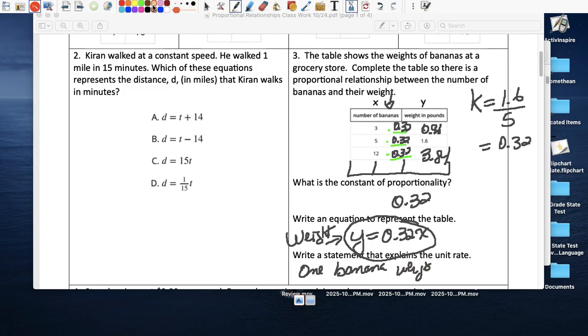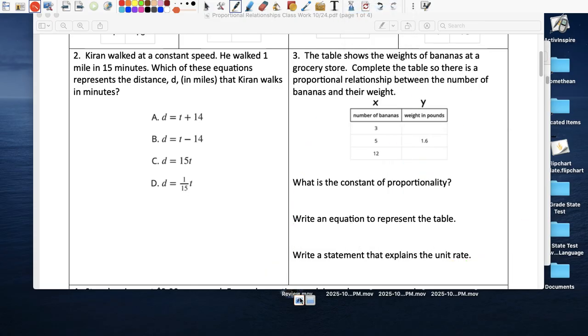Well, if I have 1 banana, I'm going to multiply by 0.32, which is going to give me 0.32. So 1 banana weighs 0.32 ounces. 0.32 pounds, sorry. Okay, 1 banana weighs 0.32 pounds. Seems heavy.